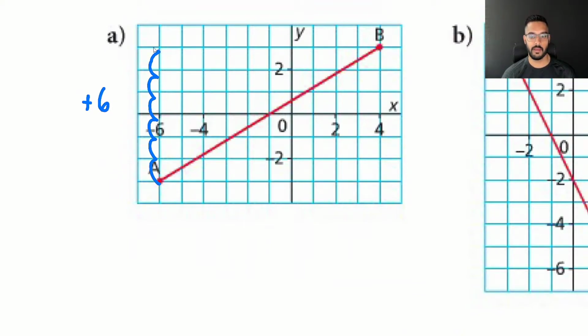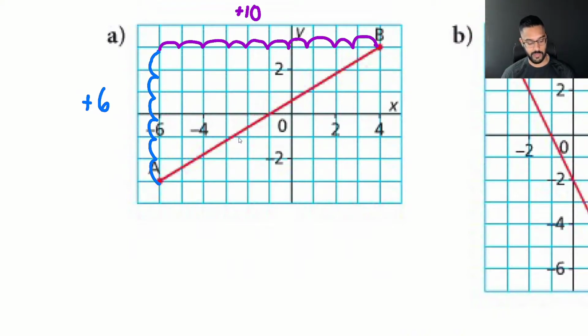The run then, from whenever I get to that point that's on the same level as B, I have to go over that many to get there. Okay, so we're going to go over 1, 2, 3, 4, 5, 6, 7, 8, 9, 10. We went to the right 10 units. Going to the right on a graph represents positive values.